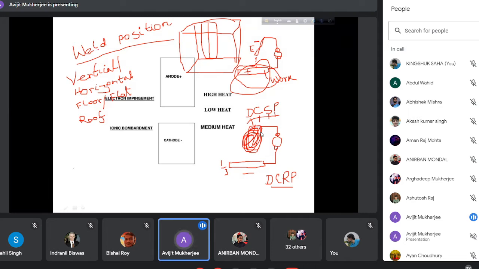That is vertical welding. Again, depending on where I am starting from, this is the top. I am starting here and coming down gradually. This is known as downhill. Or if I start from this point and gradually move upward, that is uphill. So downhill and uphill.